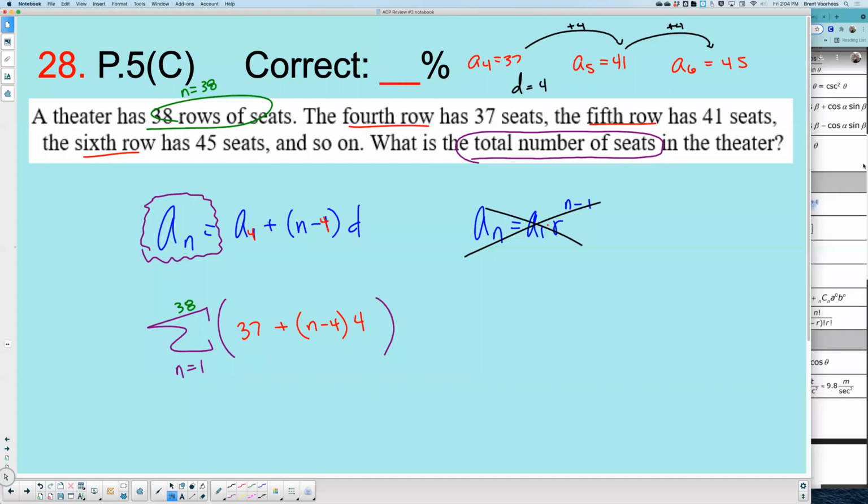All right, give me your answer in 5, 4, 3, 2, and 1. 3,762 is what I'm hearing. I think it's this number. I don't think it's 75.